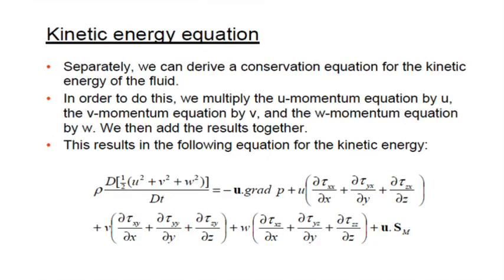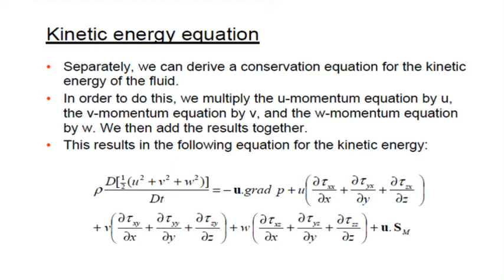Next you have to write the kinetic energy equation. This kinetic energy equation is separately derived from a conservation equation for the kinetic energy of a fluid. To do this we multiply each momentum equation, that is the u, v, w momentum, by the corresponding velocities.